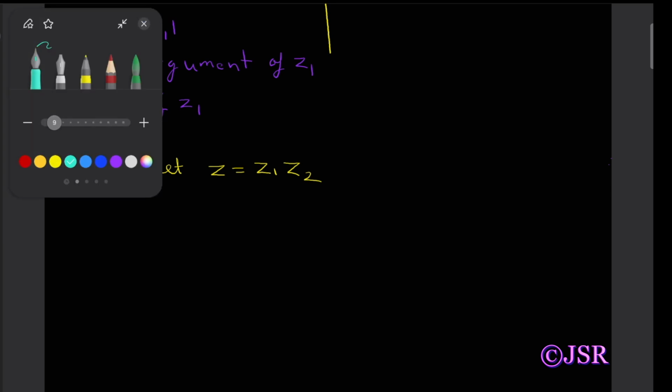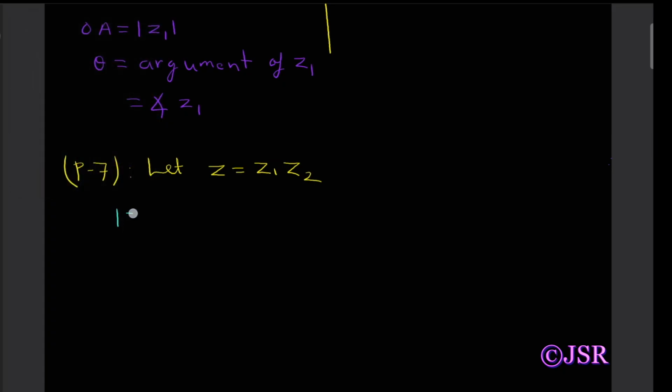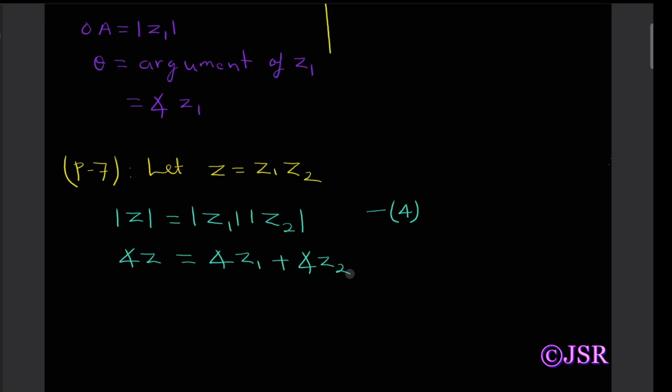Therefore the mod of z will be equal to the mod of z1 into the mod of z2, and this will be equation number 4. And the argument of z will be equal to the argument of z1 plus the argument of z2. That will be equation number 5.